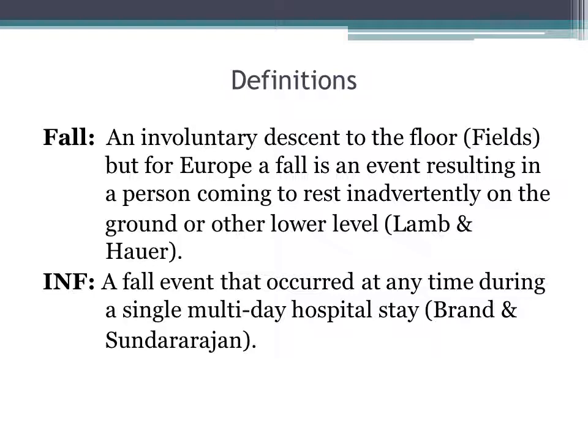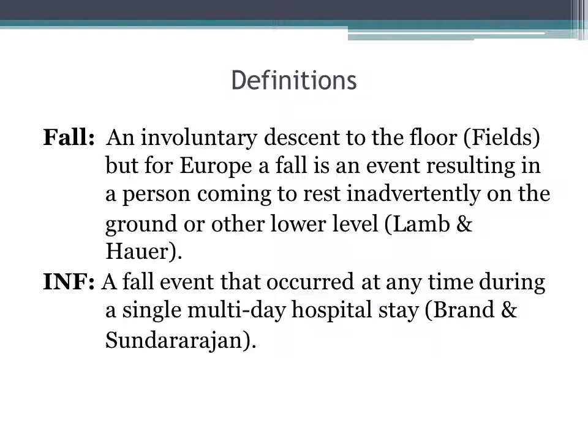But for Europe, their definition was that a fall is an event resulting in a person coming to rest inadvertently on the ground or other lower level. So their definition is a little bit longer, but it does correlate with the definition given by the CMS.